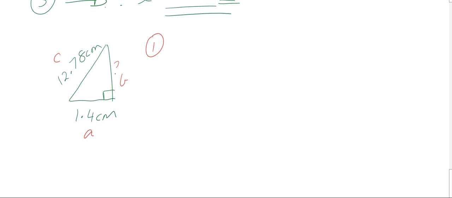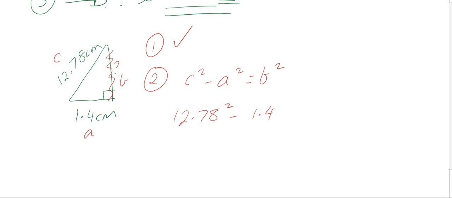Let's call this A, let's call this B. Done. Step 2, we need to put it in the correct formula. We're finding a shorter side, so we would do the subtraction one. So we're using C squared take A squared equals B squared. So substituting, we'll have 12.78 squared take 1.4 squared equals B squared.